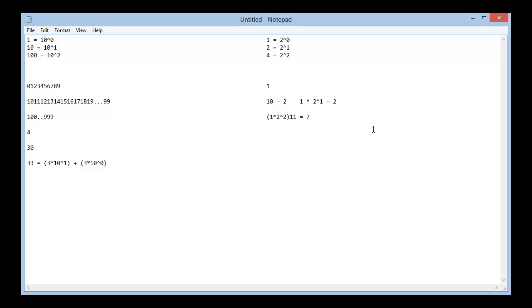And then this next one, plus 1 times 2 to the first. Plus 1 times 2 to the 0. That is what it actually looks like.